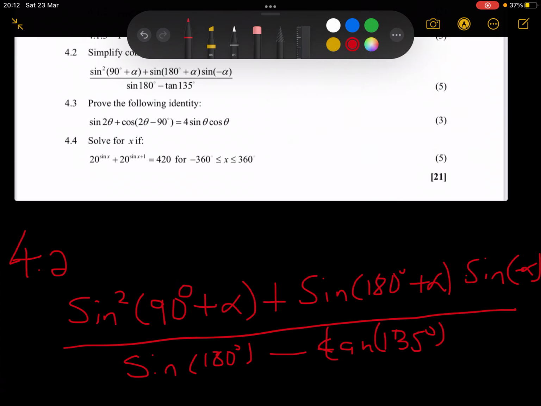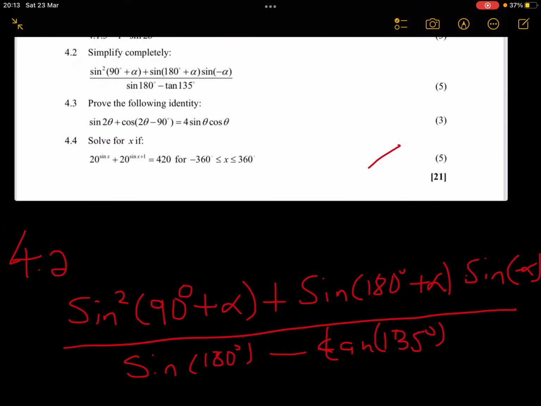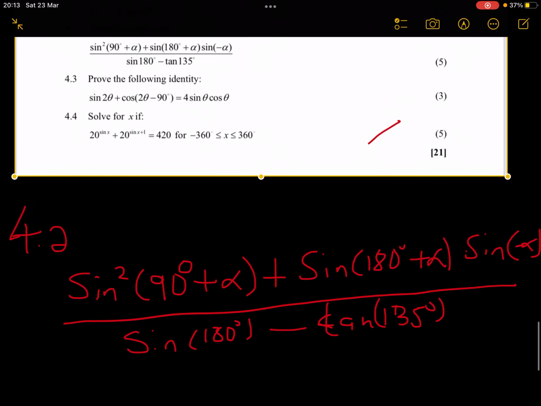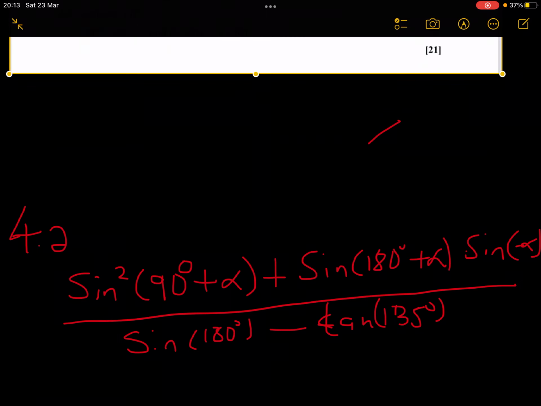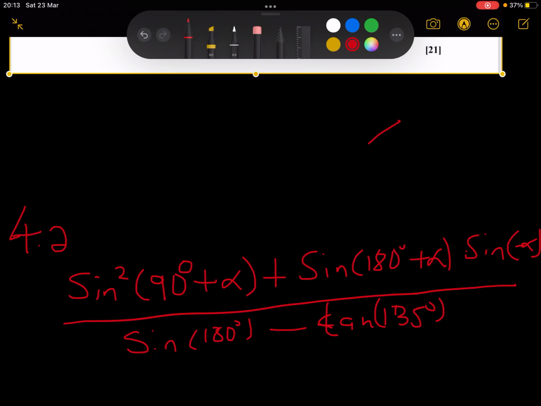Okay, so there's something I want to do here before we start with this question. I call it the toolbox. In the toolbox, I first look at what reductions we are having in this question. We've got 90 plus an angle, 180 plus an angle, and minus an angle.